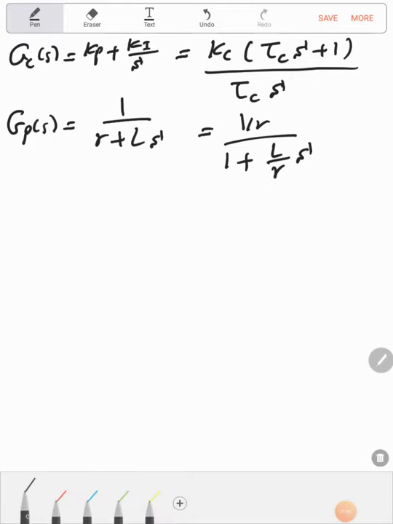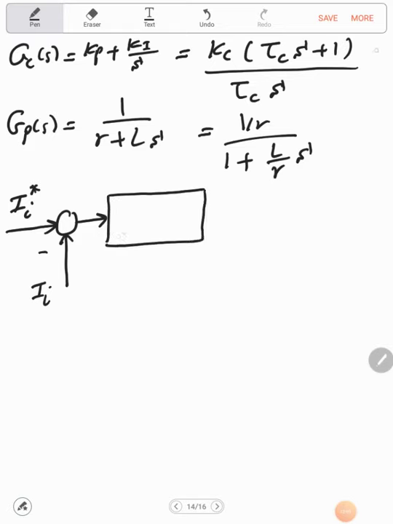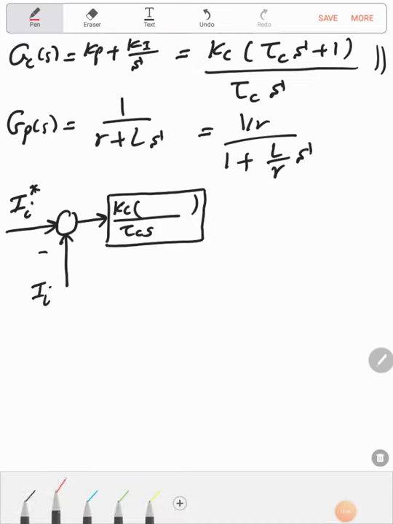So now, if this is the reference current, I star, and this is a comparator, so this is minus, and this is I, the actual current, and here I'm using the PI controller, and I will use this representation, which is a DC gain KC and a time constant, and here I will write tau C S plus 1.